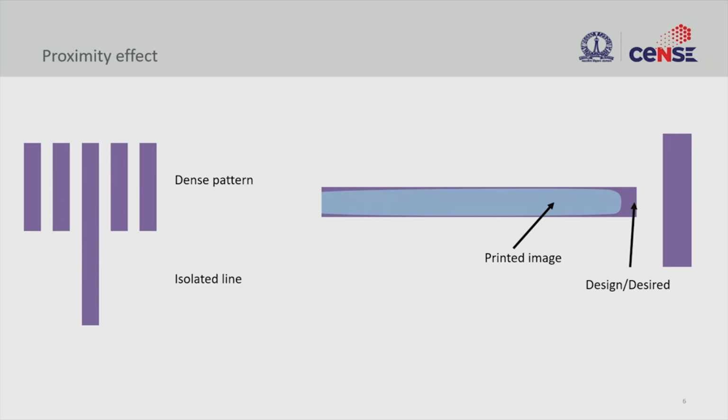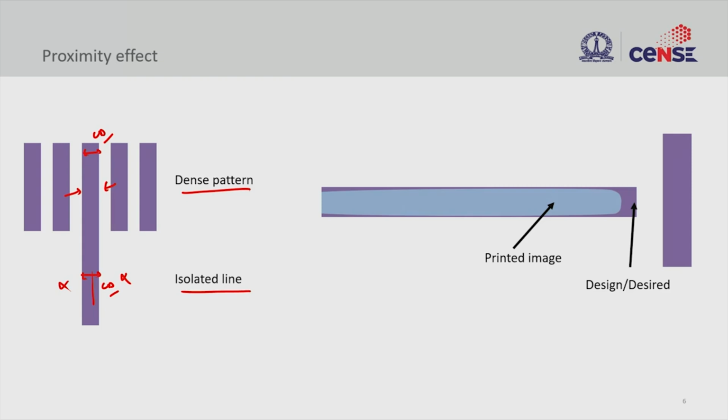This is a simple example of a dense and an isolated feature in one structure, let's say. You have the same CD running across this line, but the only difference is the environment.